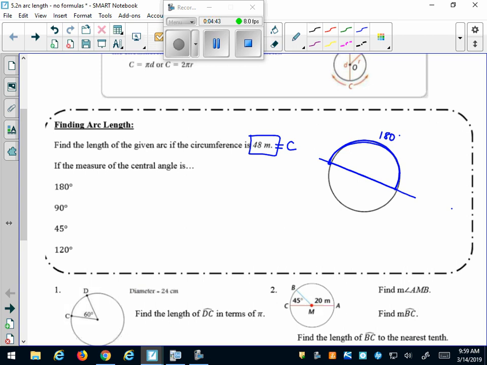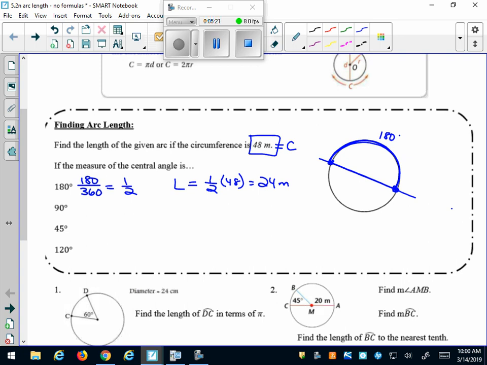Again, how many degrees is around the whole circle? 360. So if we're doing 180 out of 360, what fractional part is that? 1/2. So the length of that arc, if you started here and ran all the way to here, is 1/2 of the whole circumference, which is 48. What's half of 48? 24. Make sense?